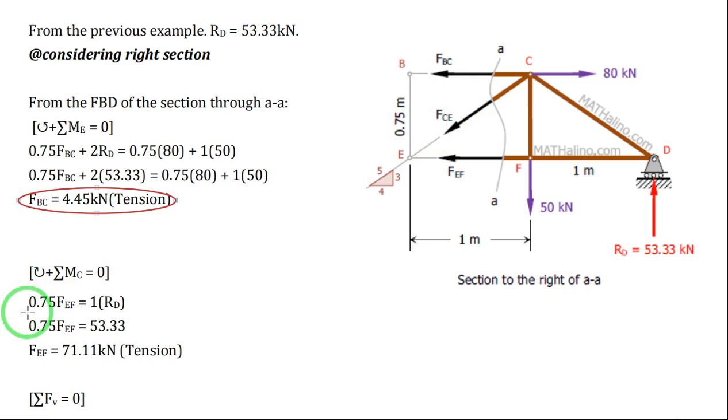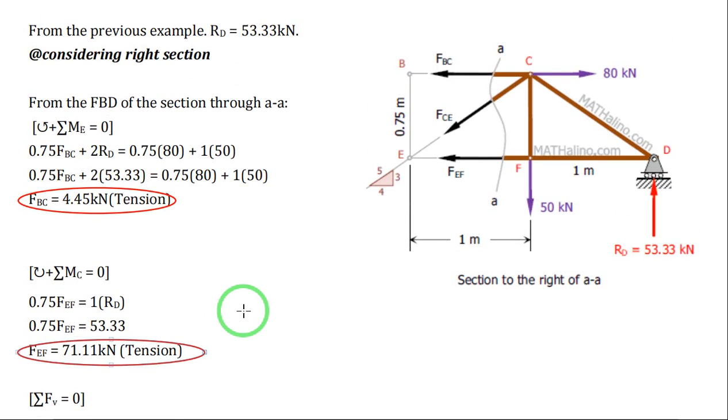So we have 0.75 FEF equals 1 RD. RD creates a counterclockwise moment, so that is minus, and we move it to the other side. RD is 53.33. You substitute and solve for FEF, and you have 71.11 kilonewton, which is in tension. Again, we have arrived with a positive answer, meaning our assumption that FEF is in tension is correct.